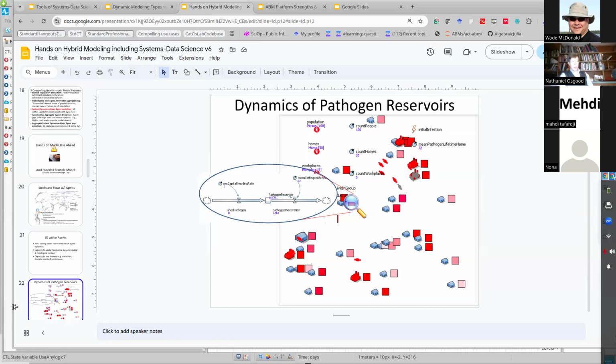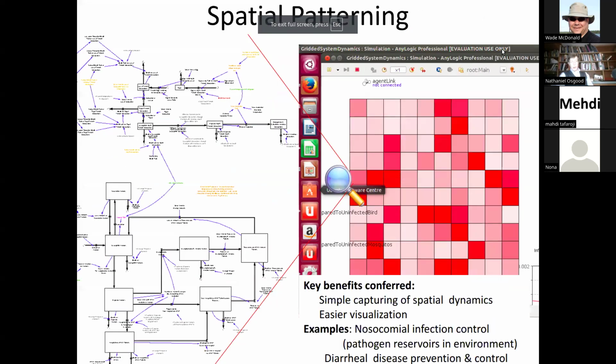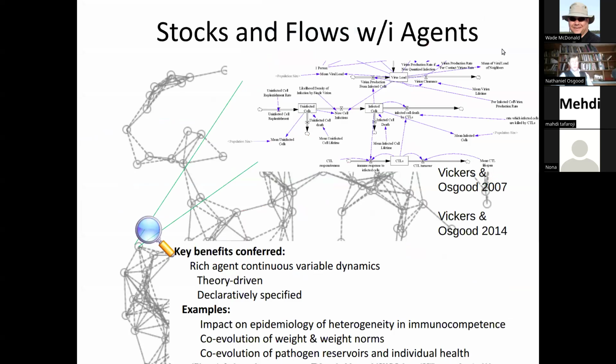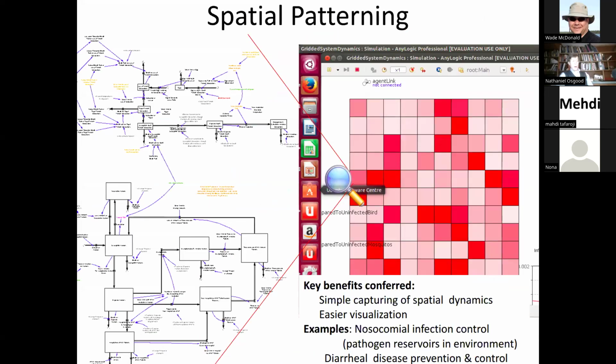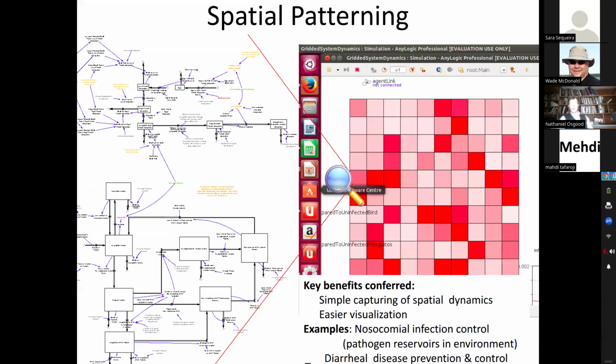It's a powerful combination and one that can be very, very insightful at a level that a purely aggregate model would not be, or an individual level without a continuous representation of dynamics would also have limitations.